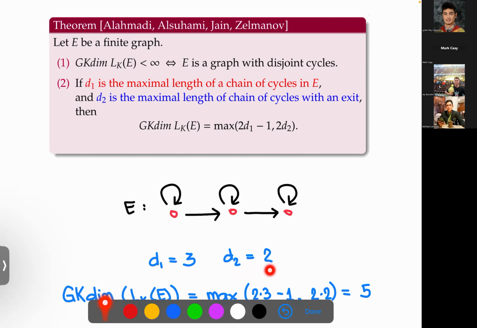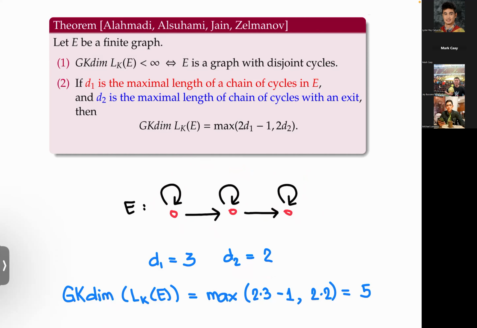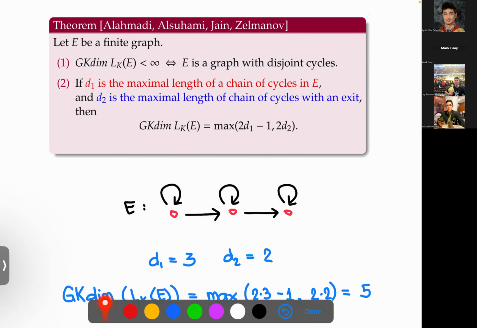Now for D2, we should consider chains of cycles with an exit. This cycle here doesn't have an exit, but this cycle has an exit, which is this one. This is also a cycle with an exit, but I'm looking at the maximum, so I'm going to take this one, which has length 2. Therefore, a simple computation tells me that the GK dimension is equal to 5.